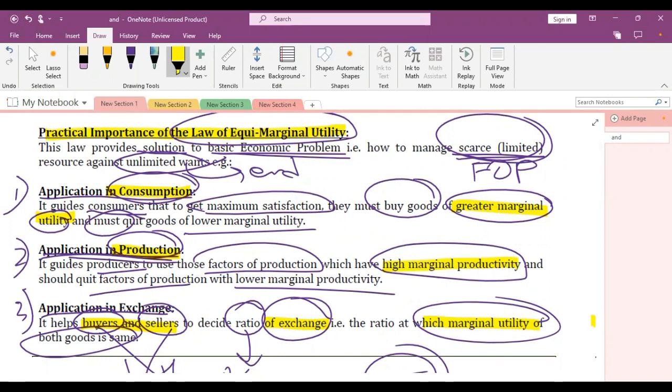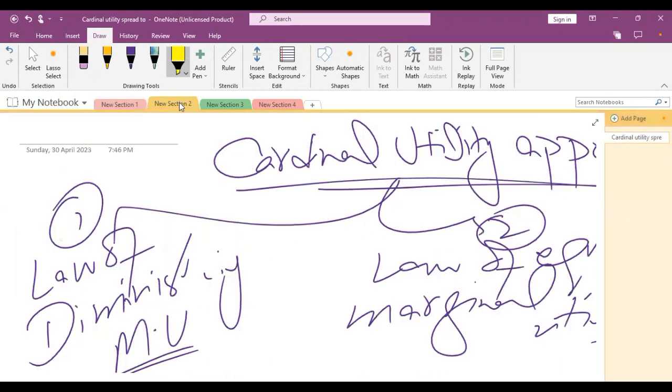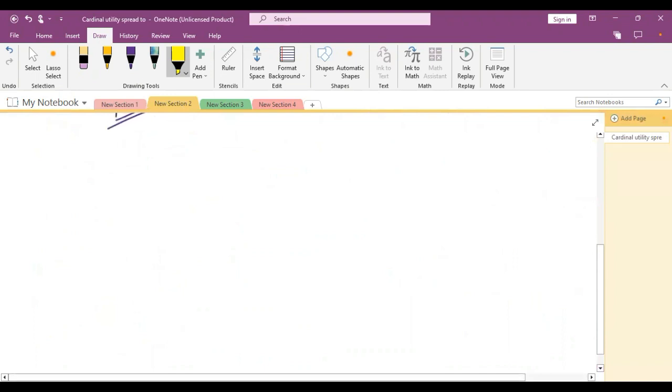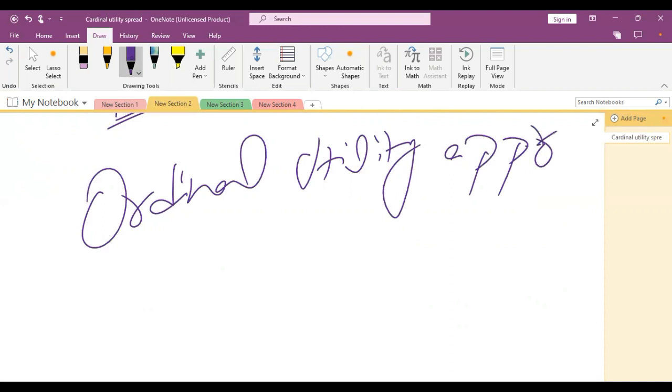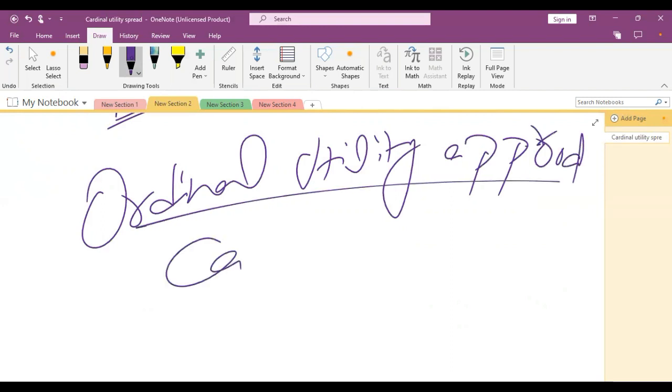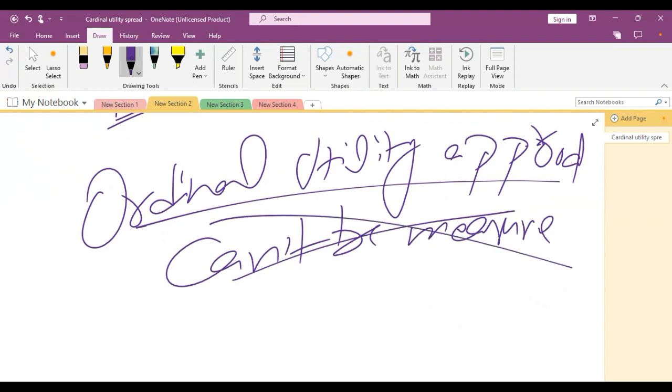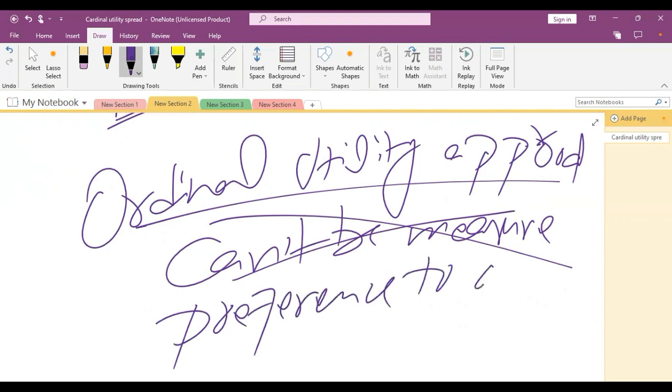In our next class, we are going to study the next approach that is the ordinal utility approach, that says that utility can't be measured, means it cannot be measured in terms of numeric values, but you can give preference to one good in respect of the other.